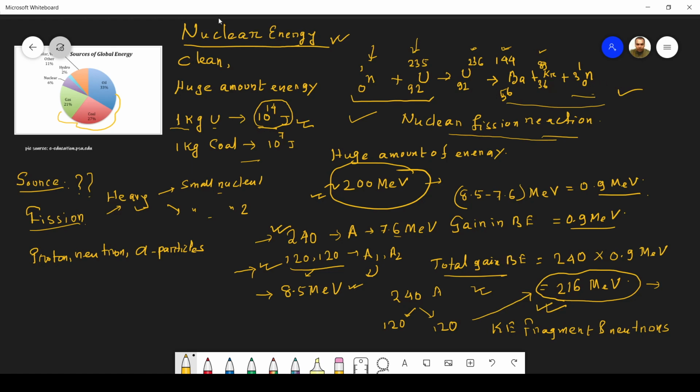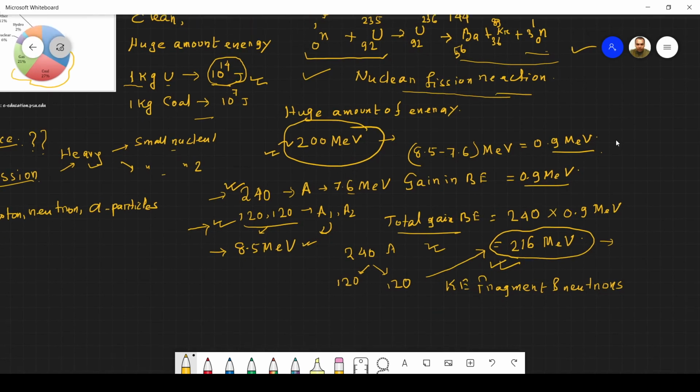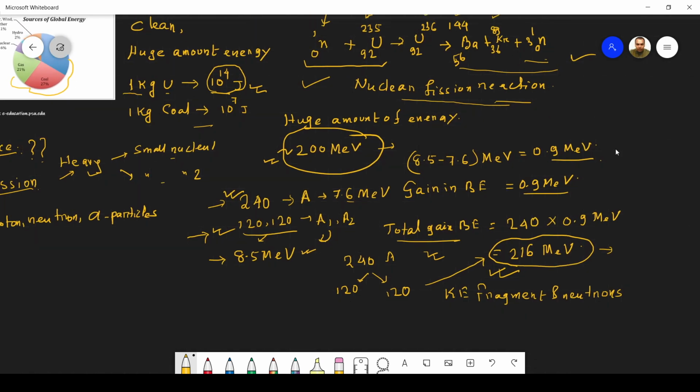So now the question is, what happens to this energy? This much energy is released into the surroundings as heat. Since it's kinetic energy, a large amount of heat is produced during the course of such a nuclear fission reaction.